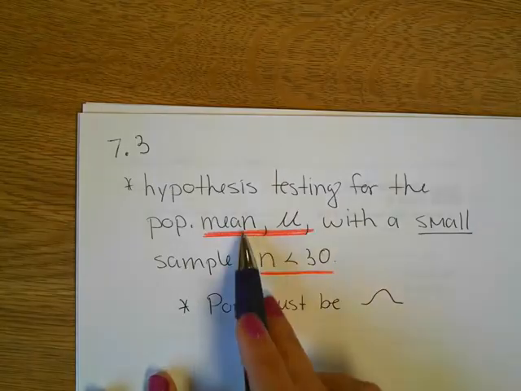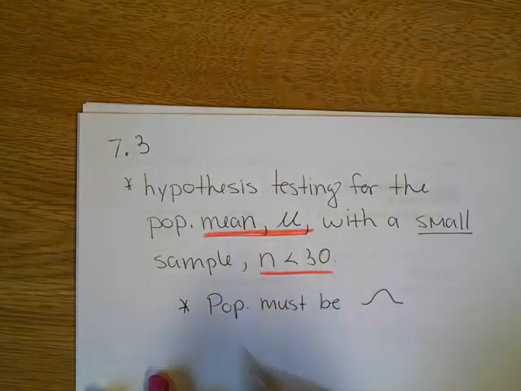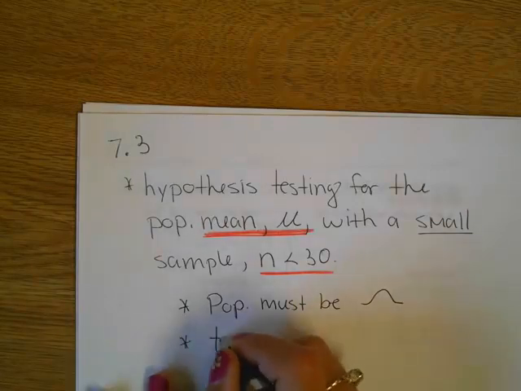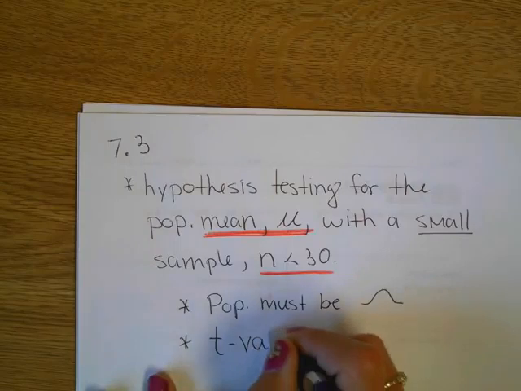So, if we are doing mean, small sample, normal population, the difference between yesterday and today: yesterday was the z-score, the z-table, today is going to be the t-table. So these are t values.